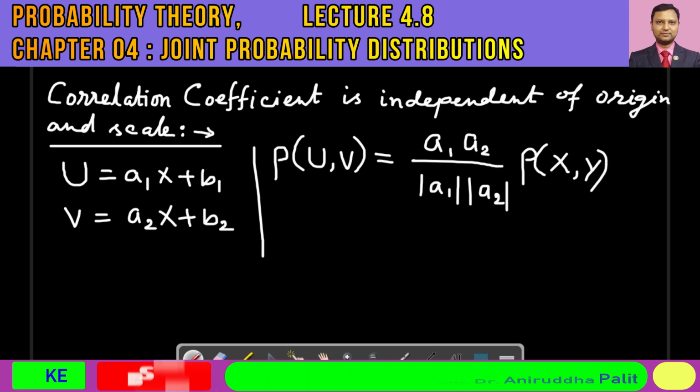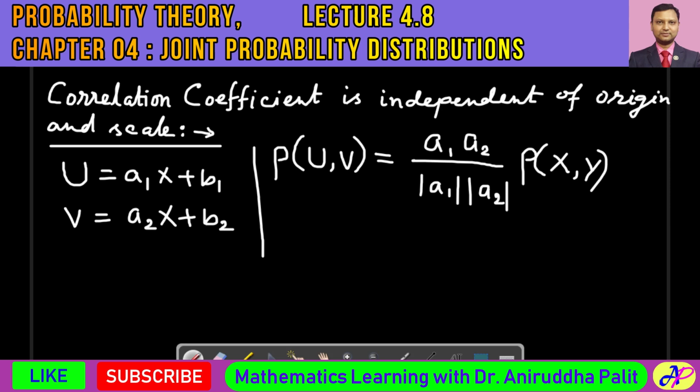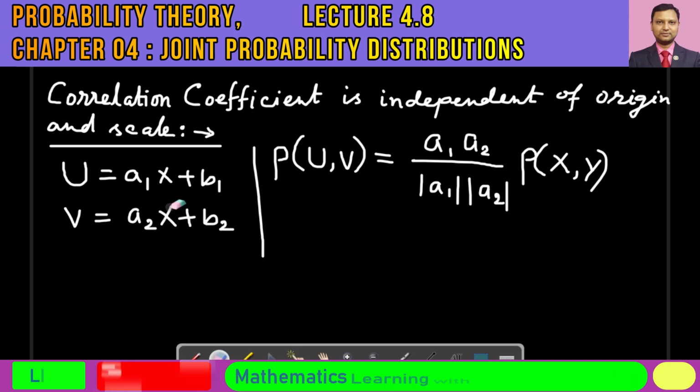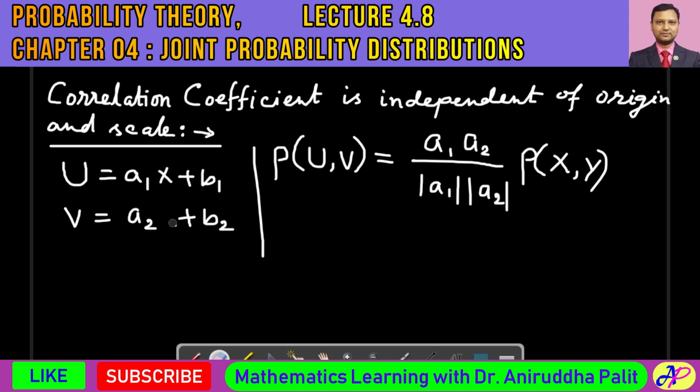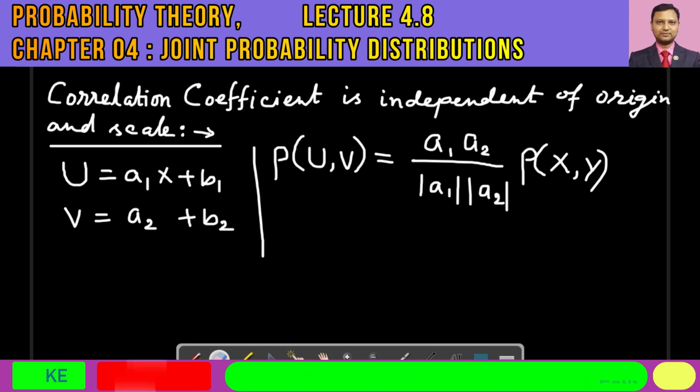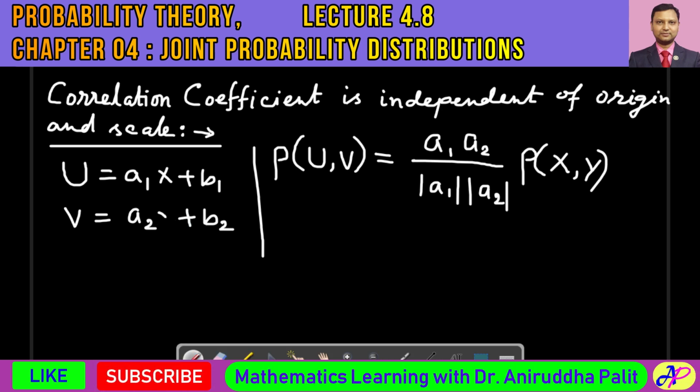I'm sorry, I made one mistake over here. You see, in place of this x, we should actually write y. So let me make this correction: v is equal to a2y plus b2.